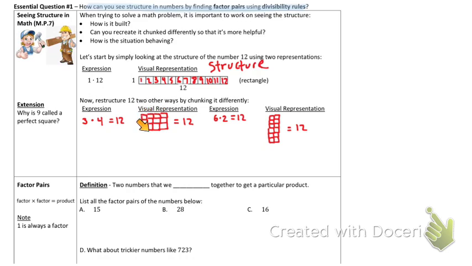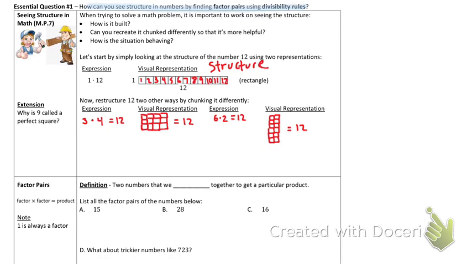If you count all these squares, it turns into 12 total squares. The second representation I did was 6 times 2, which is equal to 12. So we have 6 squares and 2 columns here. Multiply those two together or count those and you get 12.